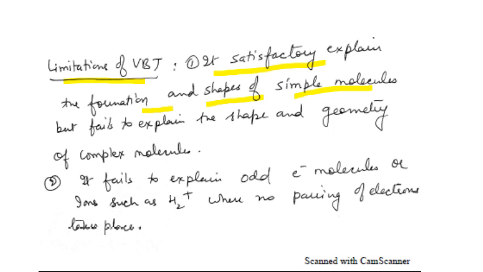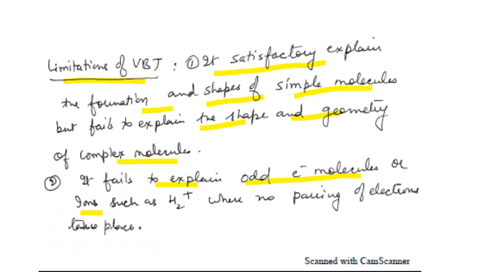But it fails to explain the shape and geometry of complex molecules having more than 3, 5 electrons. It also fails to explain odd electron molecules or ions. It cannot explain species having an odd number of electrons.